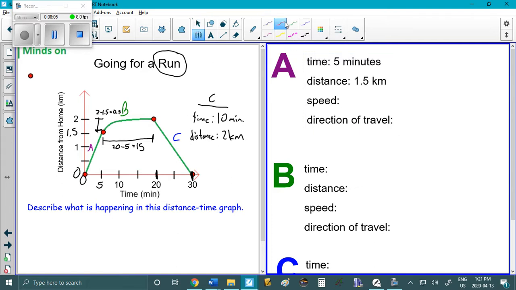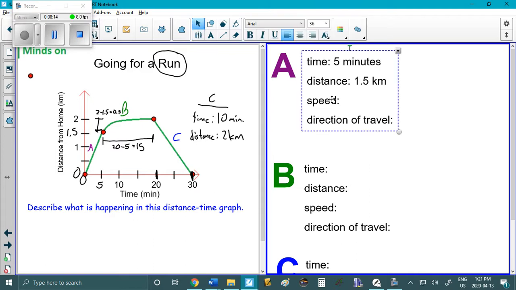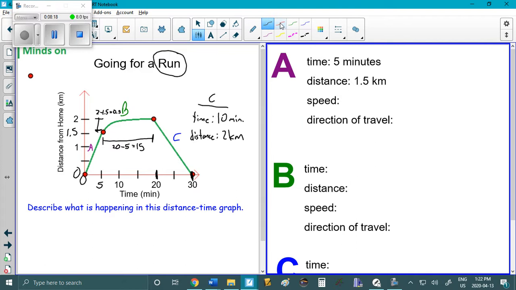So when you think of speed, you probably think of kilometers per hour, maybe meters per second, kilometers per minute, whatever. That word per is really important because it tells us that we need to divide, and it tells us the order. So we always do the distance divided by the time.